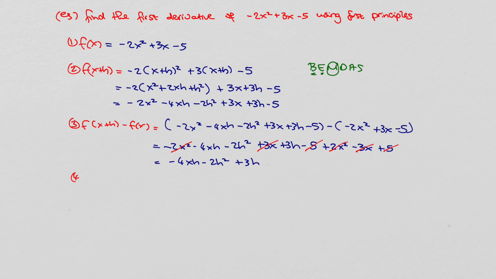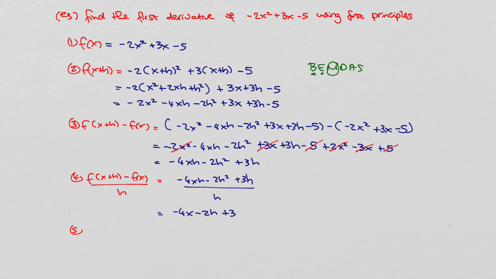So my next step is to divide by h. And if I divide by h, what does that leave me with? Well, it leaves me with minus 4x minus 2h plus 3.